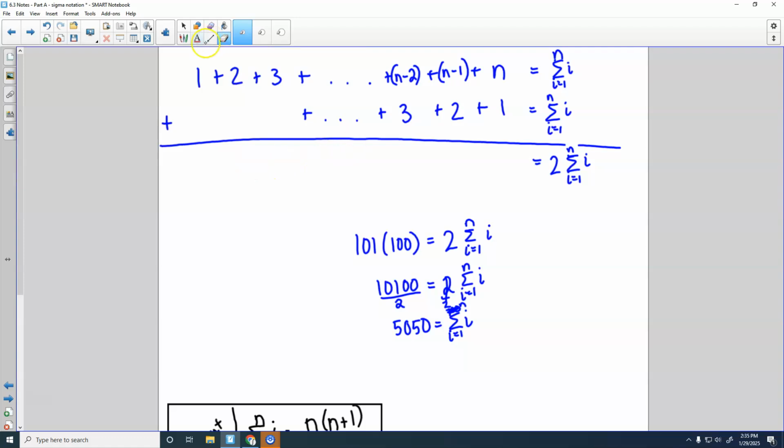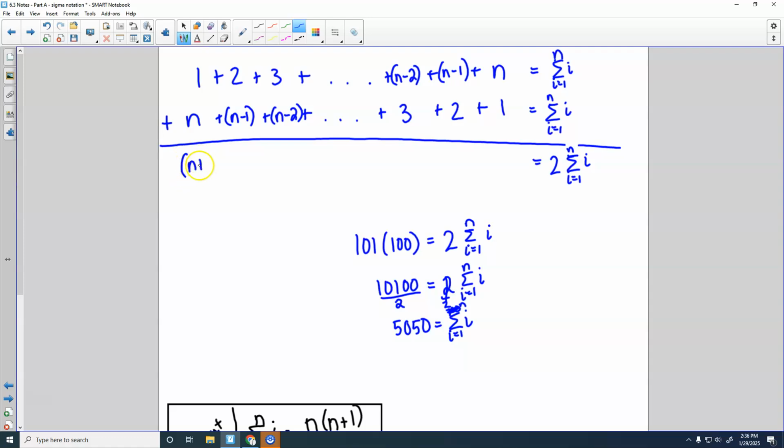Right here. Okay, so this would be n plus n minus 1 plus n minus 2. Okay, so if I do the same thing that I did before with 100, what do I get whenever I add these two together? N plus 1, or 1 plus n.